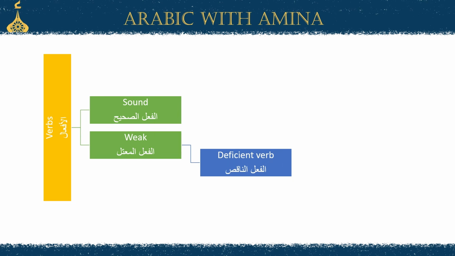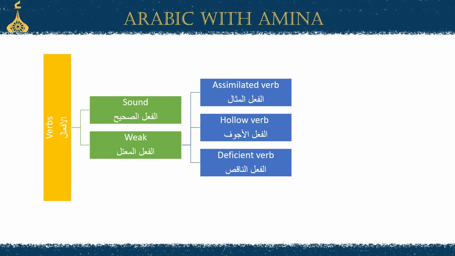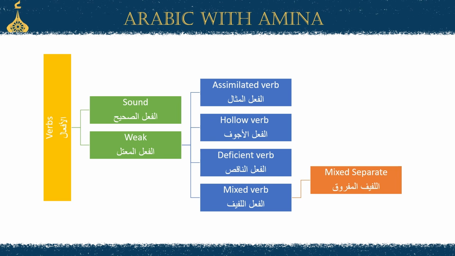We have الفعل الناقص, the deficient verb, الفعل الأجوف, the hollow verb, الفعل المثال, the assimilated verb, and الفعل اللفيف, the mixed verb. This one is even further categorized into mixed separate, اللفيف المفروق, and mixed joined, اللفيف المقرون.